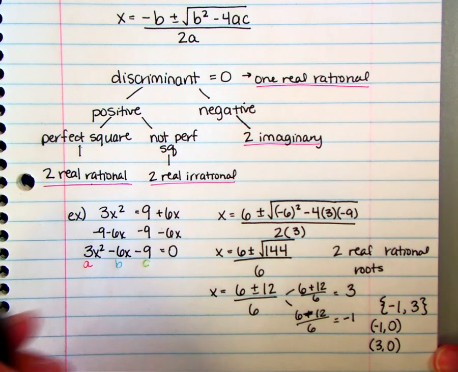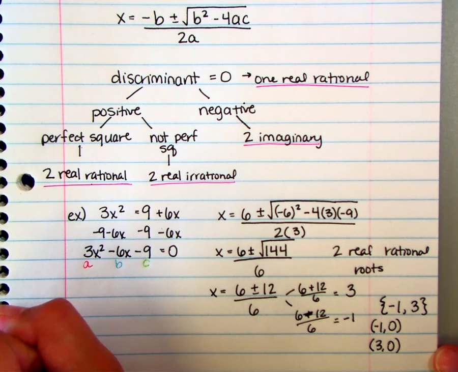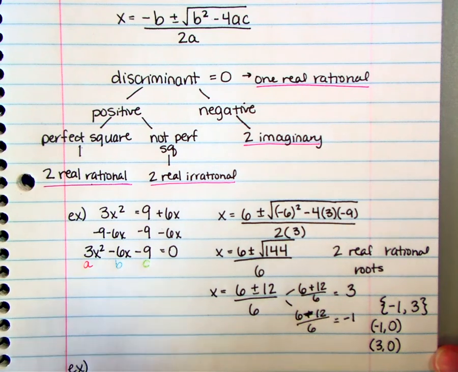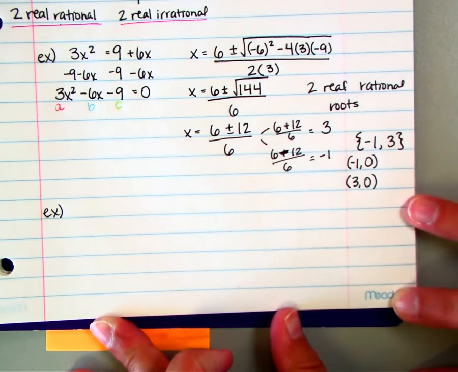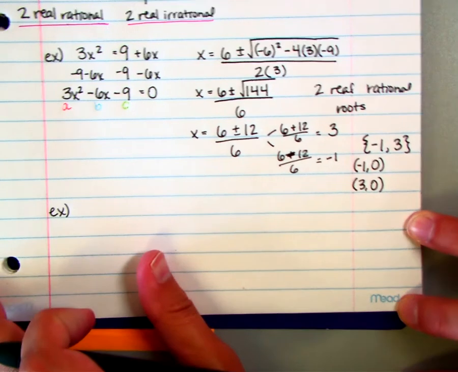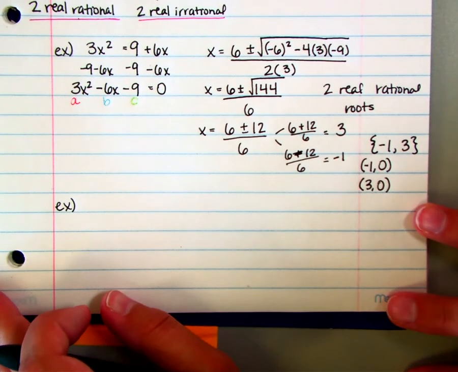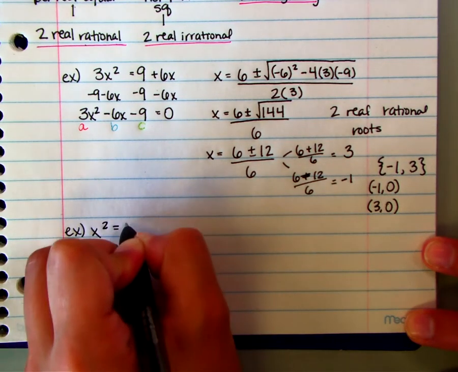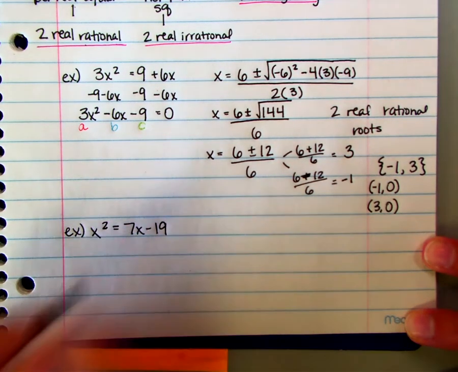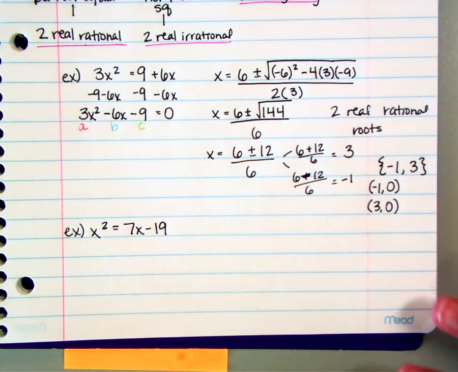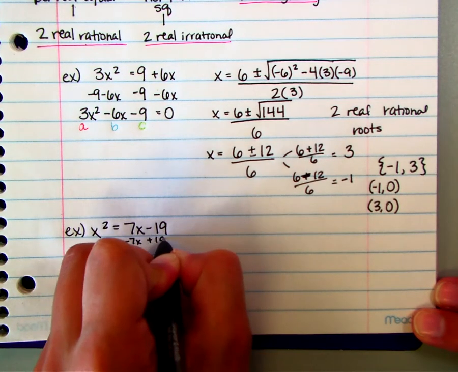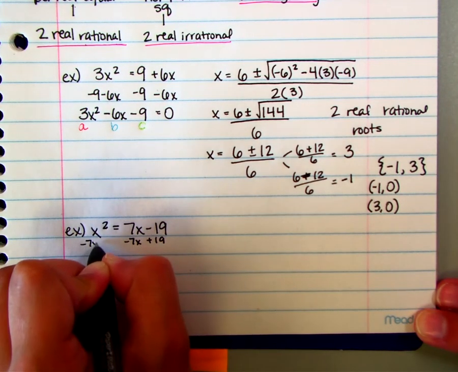So we'll look at another example. The second example I want to look at is x squared equals 7x minus 19. In order to solve using the quadratic formula, it has to be equal to 0. So we're going to move our 7x and 19 over.